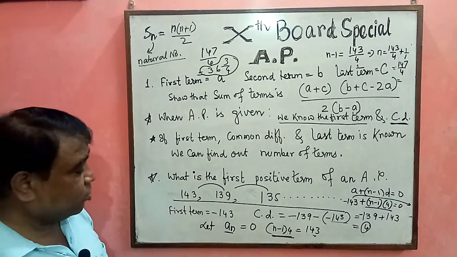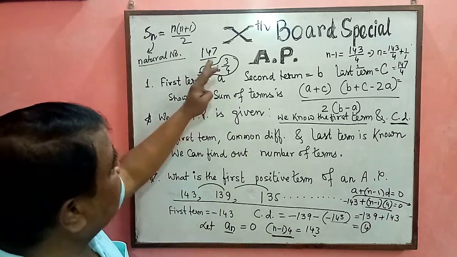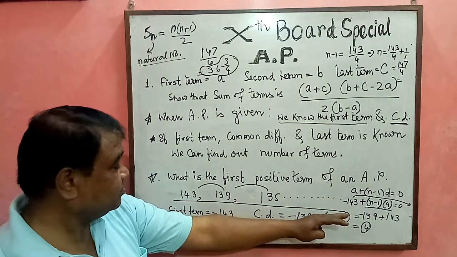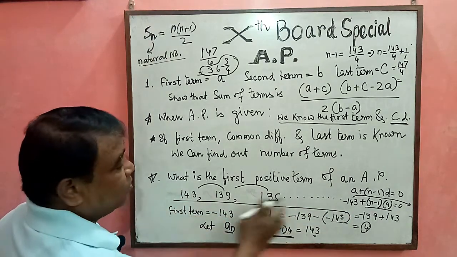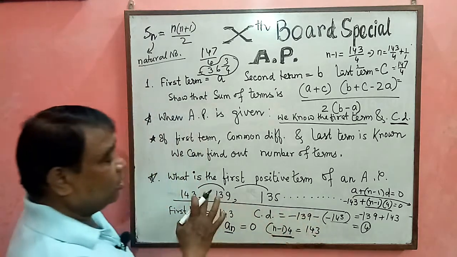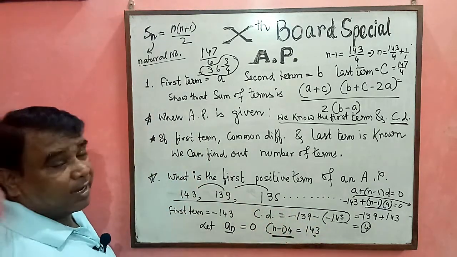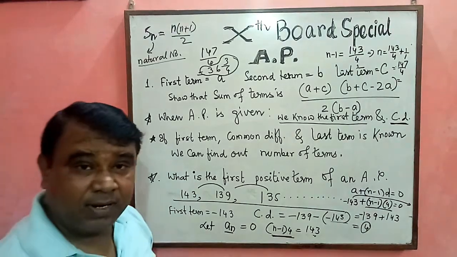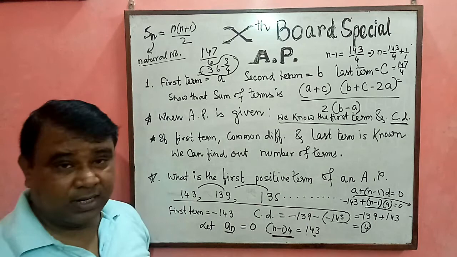Negative term, sorry. Earlier it was 77 is the first positive term because this earlier was all negative. Now I made it positive. So here is the case you can find this one this way. Once AP is given, you know the first term, you know the d.